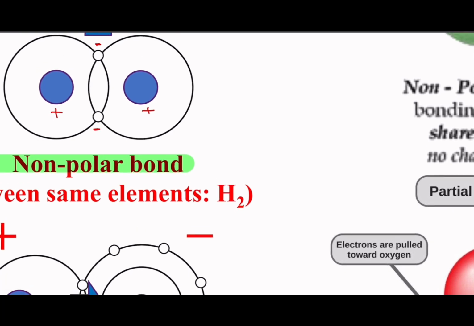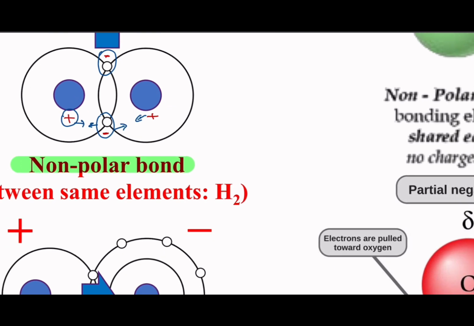When electrons are shared in the middle, each nucleus attracts the electrons, so we will have a bond. They will make a bond with each other, so it will be nonpolar.